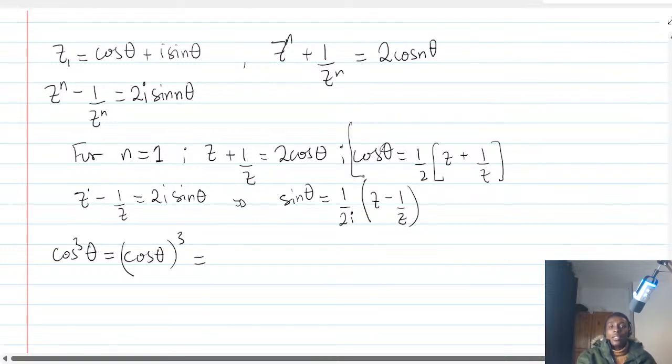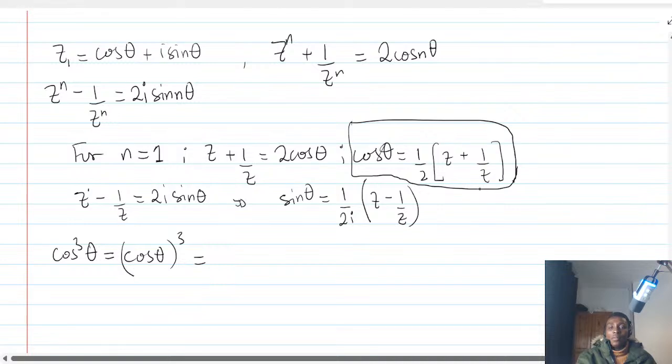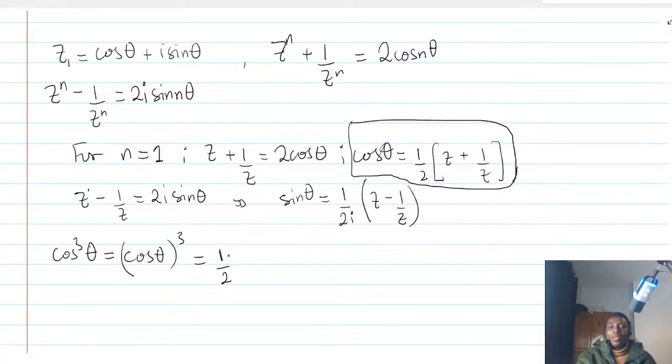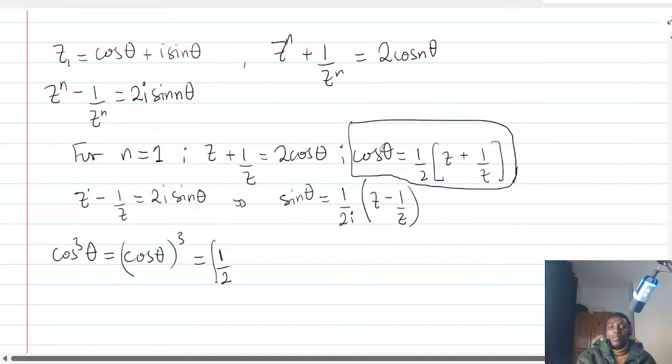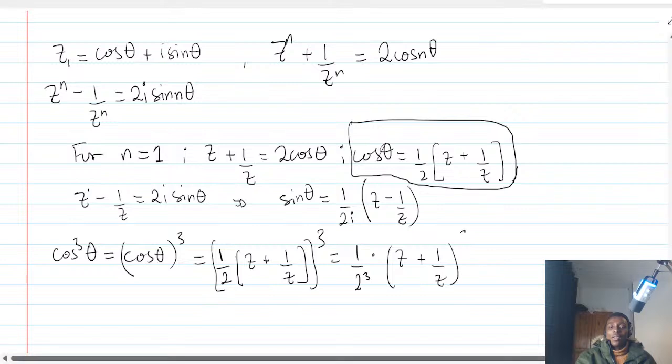We know from here that cos theta is 1/2 multiplied by z plus 1 over z, cubed, which is the same as 1 over 2 cubed times z plus 1 over z all cubed.